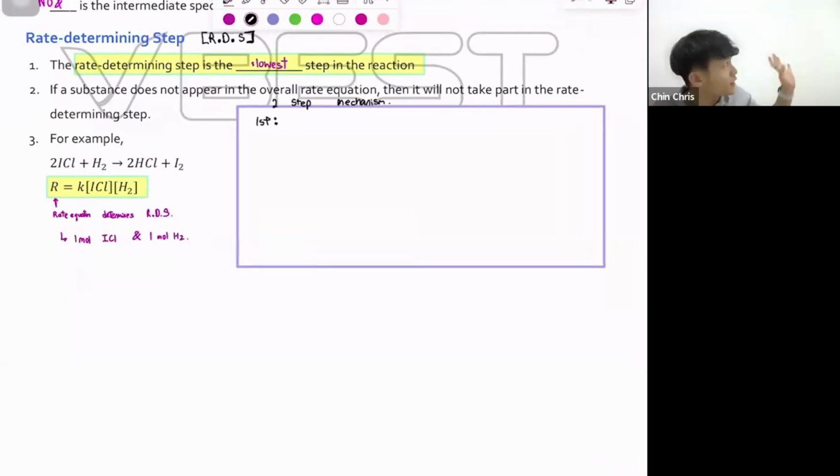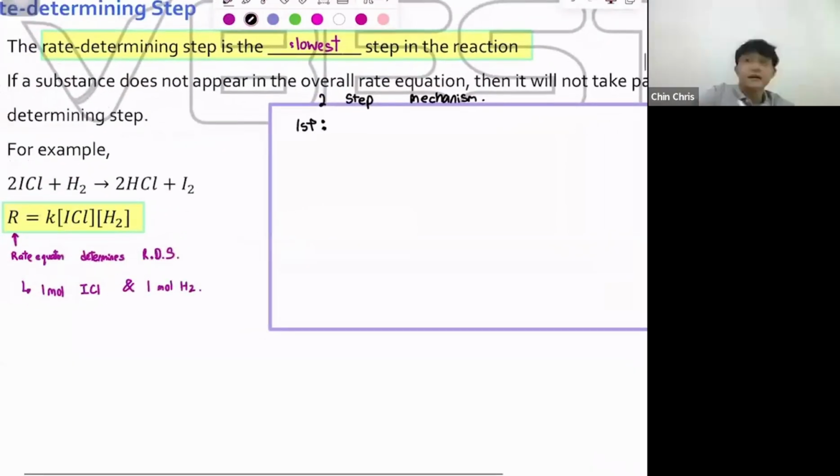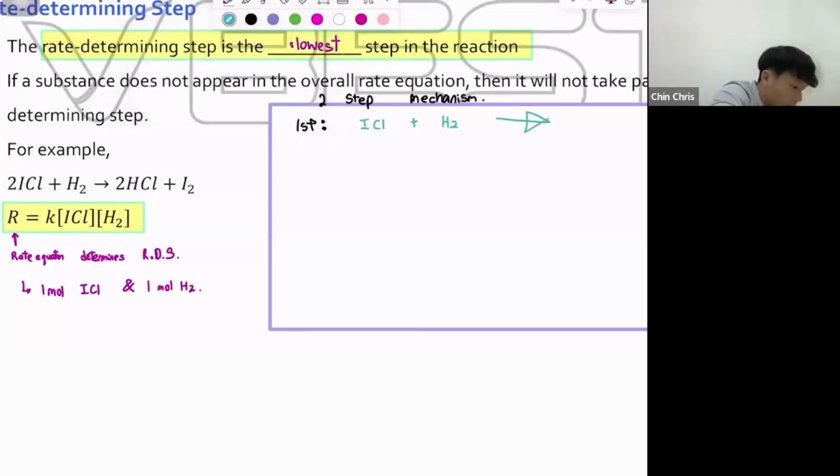Try to identify whether your first step or second step is the rate determining step. Look at it: if the first step is rate determining, it means my first step has 1 mole of ICl and 1 mole of H2 reacting together.